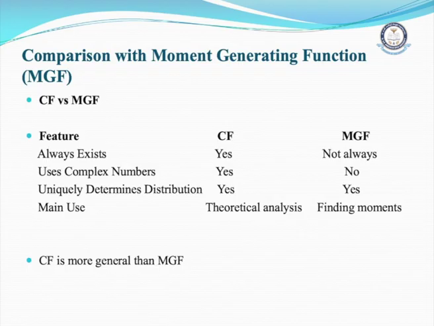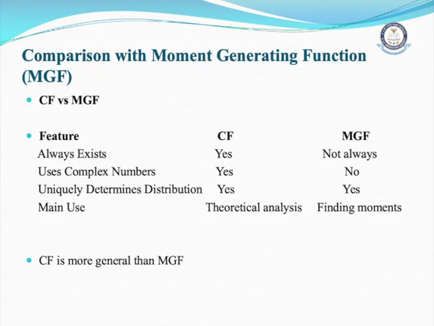So, suppose if you find the moment generating function, obviously we will get the characteristic function, because just in place of t we write it in the characteristic function. So, if binomial is possible for MGF, CF is also possible for binomial; if Poisson is possible for MGF, Poisson is also possible for CF.